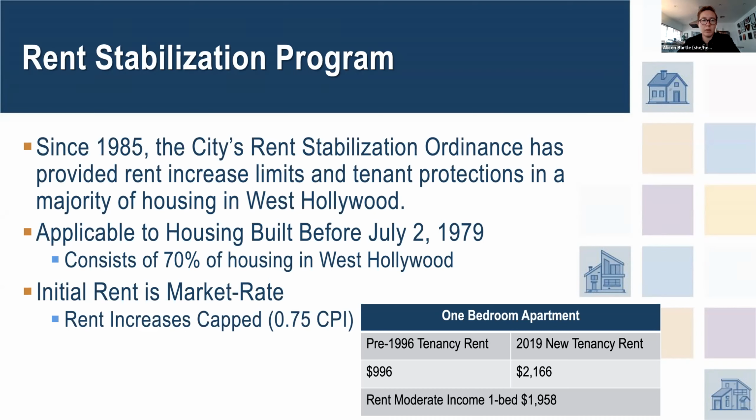So rent stabilization does provide protections to folks that already live in West Hollywood. If you look at a one-bedroom apartment, the rent prior to 1996 is $996, whereas the 2019 new tenancy rent is over $2,000. So it only helps those that already are in rent stabilized housing, but it does provide limits and protections for those tenants. Next slide.